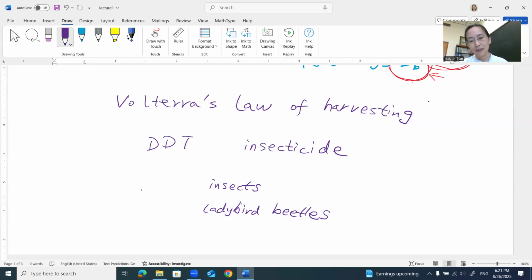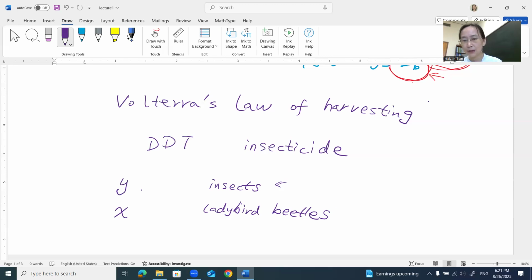But these ladybird beetles, they eat insects. So actually, we do see the two populations, right? One is predator, one is prey. Using our notation, the ladybird beetles will be X, the population X. The insects will be the prey population Y.